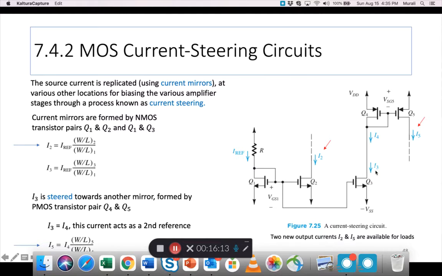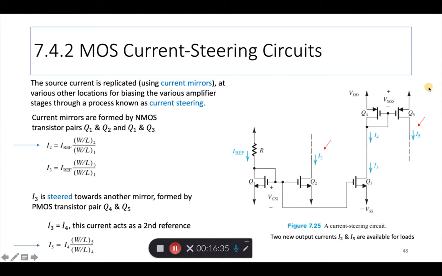So anything you do, you better do it to cater to both. And so what we see here is both PMOS and NMOS devices can be fed using currents generated by current mirrors and the technique of current steering.